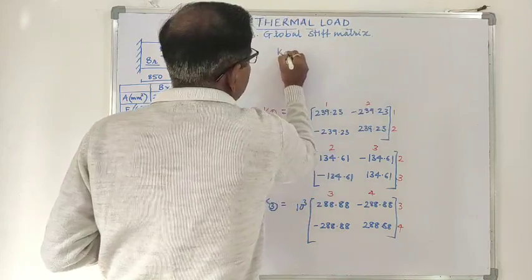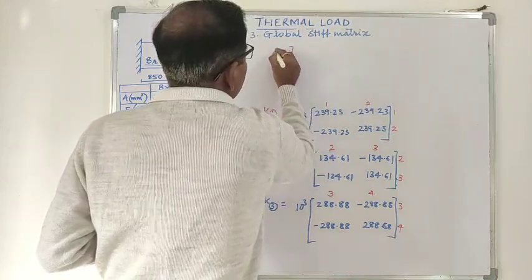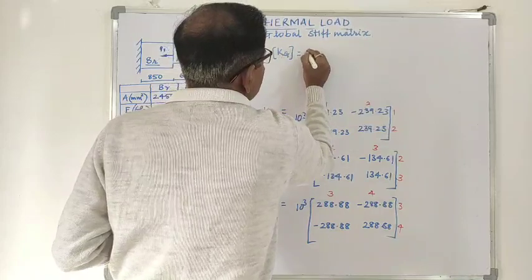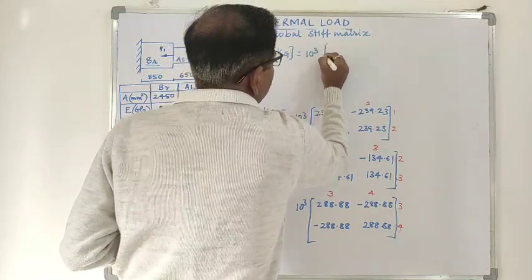So Kg, the global stiffness matrix, with 10 to the power 3 outside the bracket.